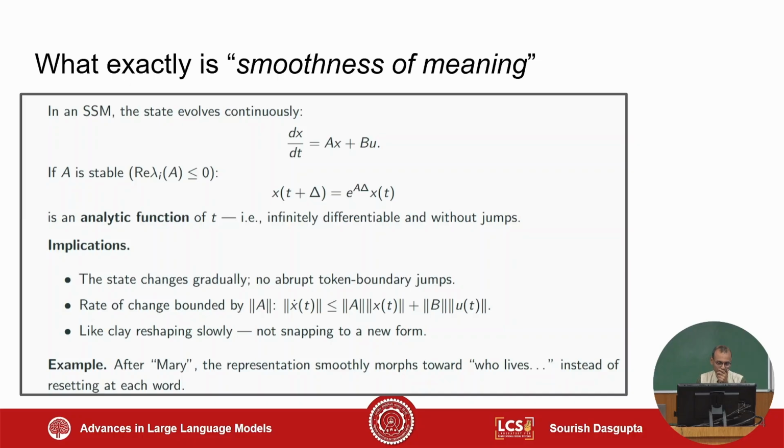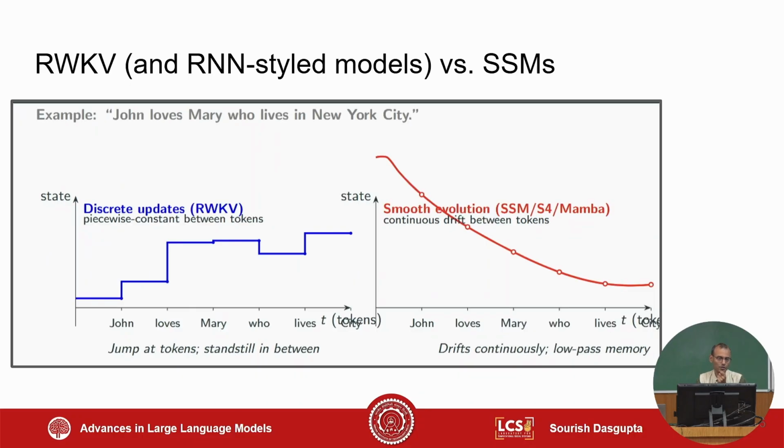Okay, all right. So to give you a visual of how the state changes over time, and by time we mean the token time steps, right? So: John loves Mary, who lives in New York City, as it goes till City. This is how discrete updates happen in an RNN, the blue, right?